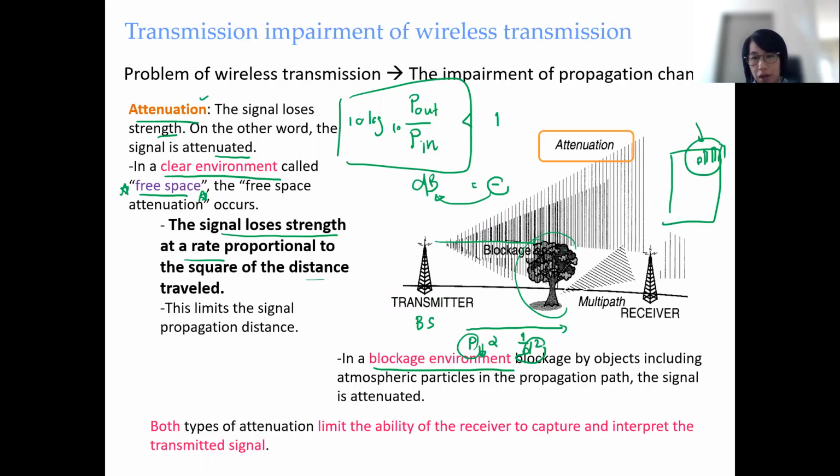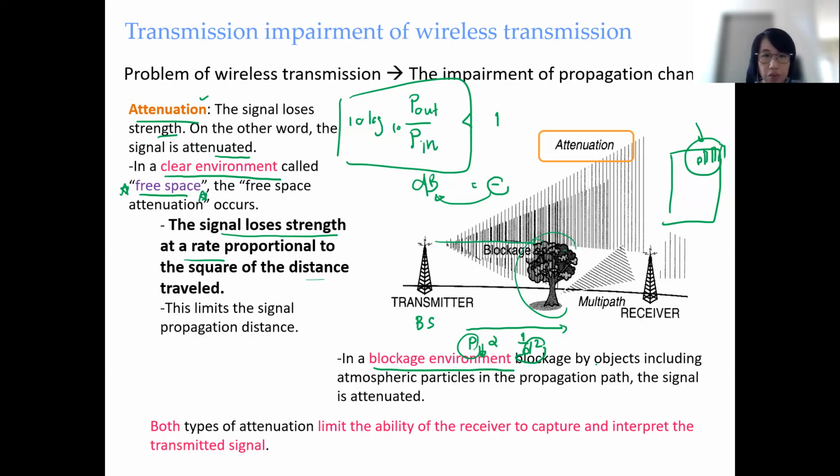There is a door, windows, a building. We call that an obstacle. With a blockage environment, with the obstacle, of course, the power will be absorbed. And then the power received by your mobile phone will be very, very low.